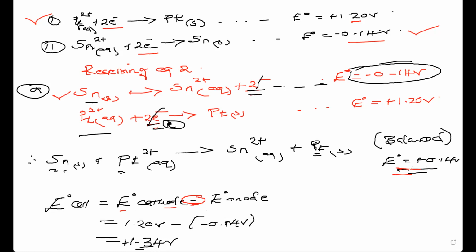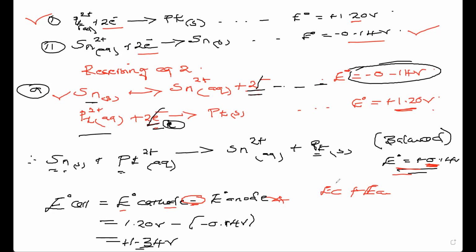So the formula was going to be E cathode plus E anode. And then you pick this, which is the reversed, and that one that is unreversed. But if you didn't change the sign of this, the formula remains the same like this.